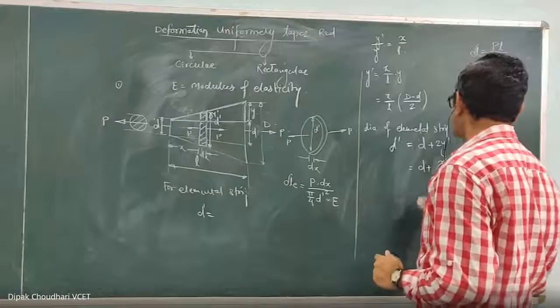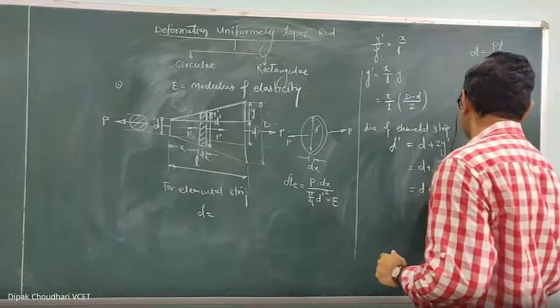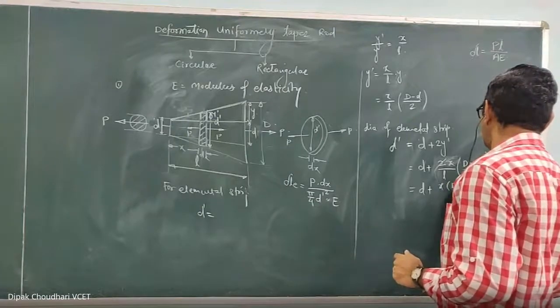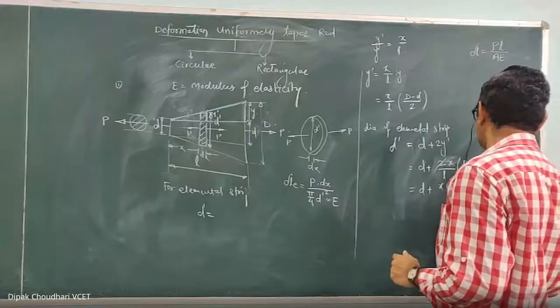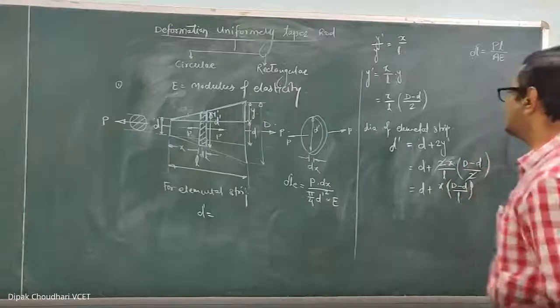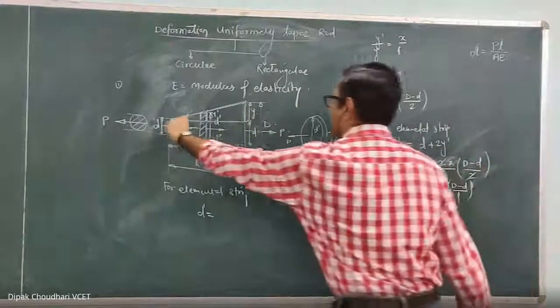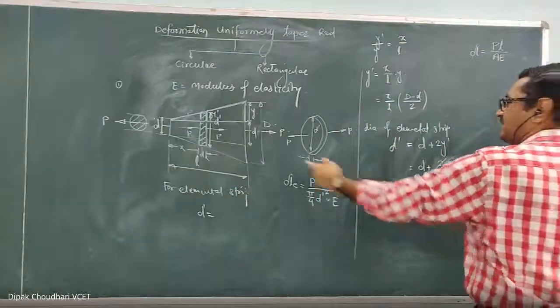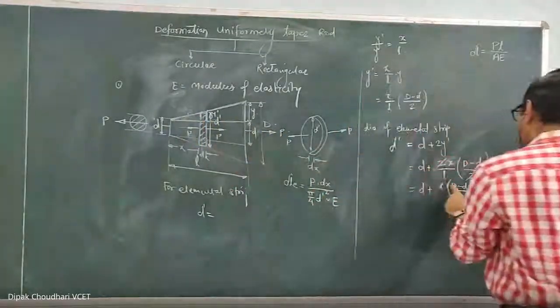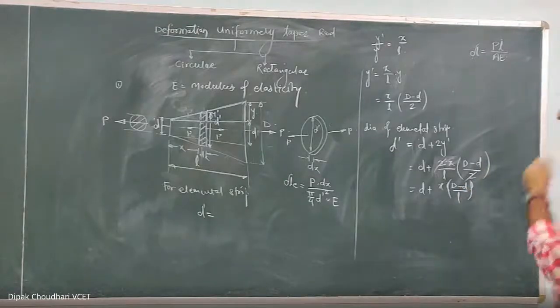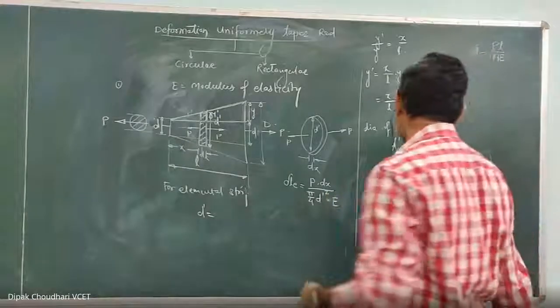The 2 gets cancelled, so you get D dash equals small d plus X into (capital D minus small d) upon L. This becomes the diameter of the elemental strip, and we have to use this diameter here.